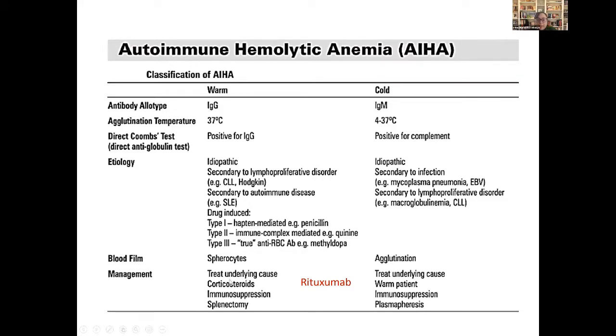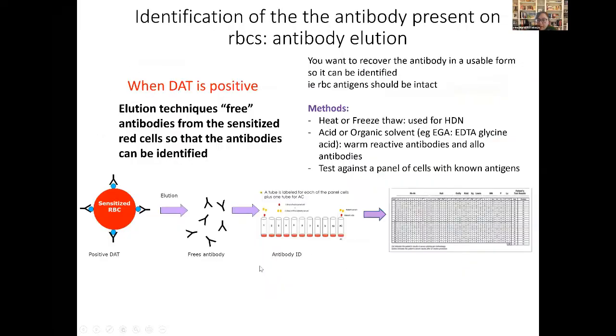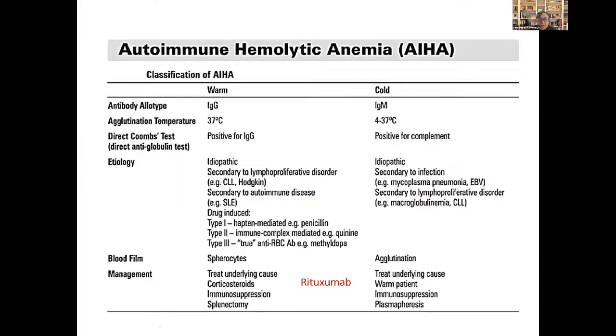On the peripheral blood smear with warm autoimmune hemolytic anemia, you see spherocytes, as we've discussed. I'll go into pathophysiology a little bit later, but the antibody binds to a red cell antigen, and then the macrophage takes a bite, and the red cell is missing part of its membrane. As a general rule of management, if there is a secondary cause for warm autoimmune hemolytic anemia, for example lupus, you try to address it.